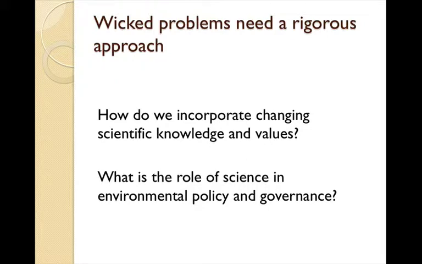So, at the very beginning, we started talking about problem types, and one of them was a wicked problem. To address these, we need a rigorous approach. At the very beginning, we talked about what science is good at and what politics or regulations are good for, but with a wicked problem, we need an approach that's going to be systematic, include values, and include changing scientific knowledge.